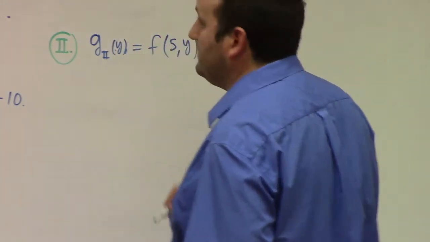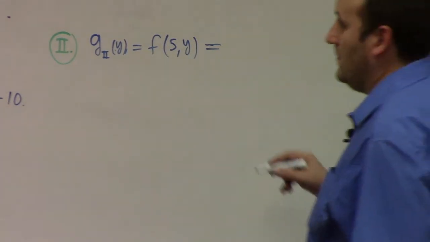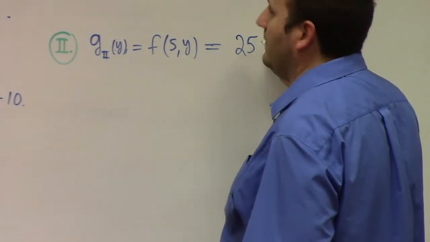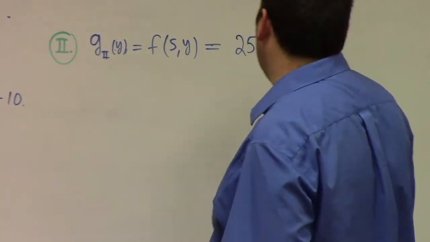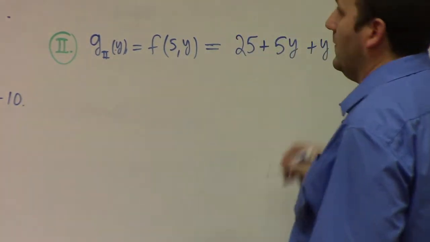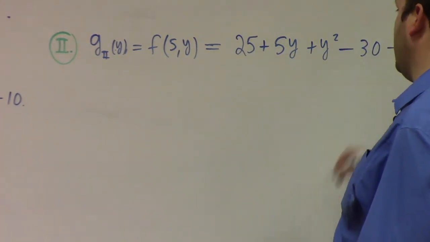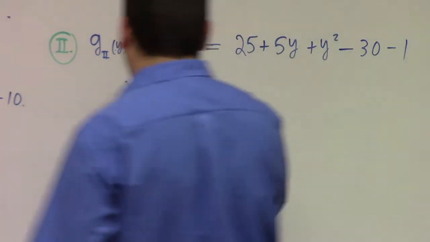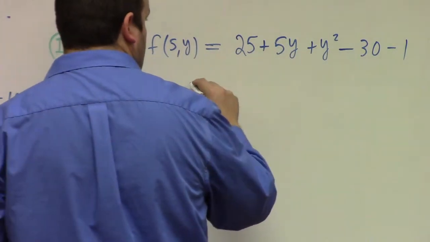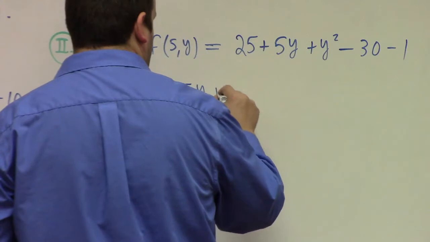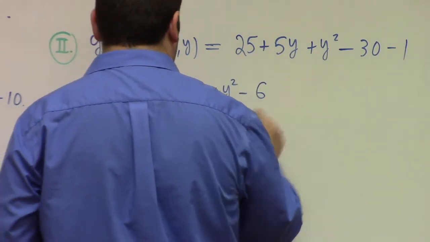And what's that equal to? 25 plus 5y plus y squared minus 30 minus 1. So in other words, g2 of y is equal to 5y plus y squared minus 6, okay?